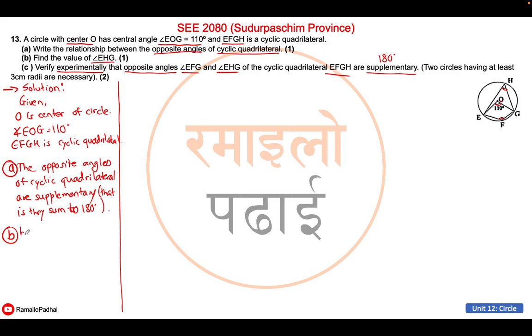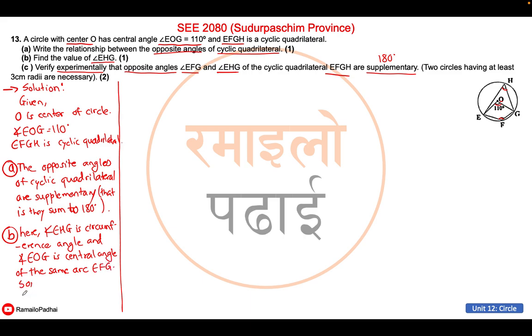Here angle EHG is the circumference angle and angle EOG is the central angle of the same arc EFG.